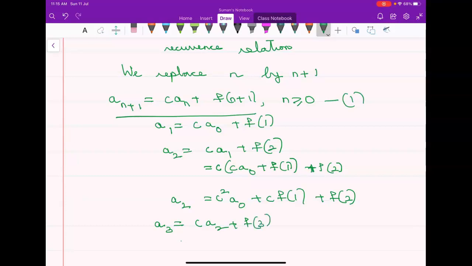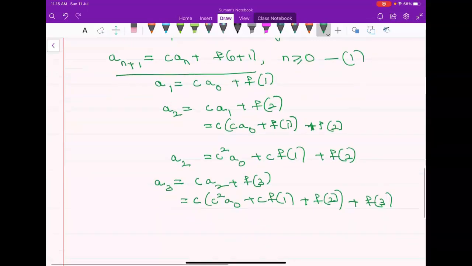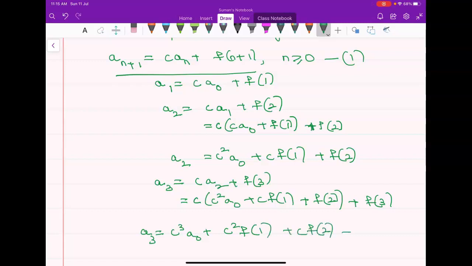And now you substitute for a2, so you get c into c squared a0 plus c f of 1 plus f of 2, plus f of 3. And now open up the bracket again, so I get a3 as c cubed a0 plus c squared f of 1 plus c f of 2 plus f of 3.